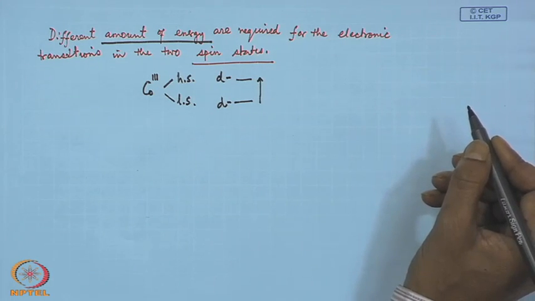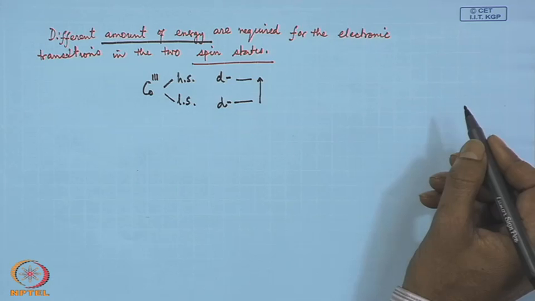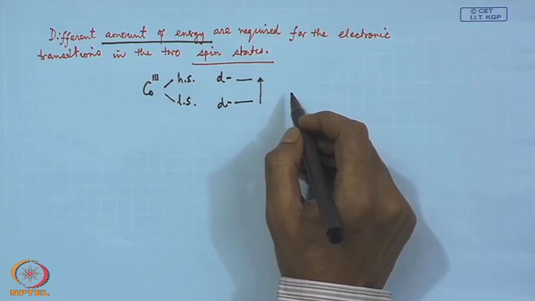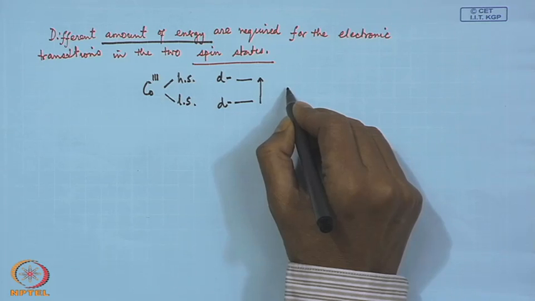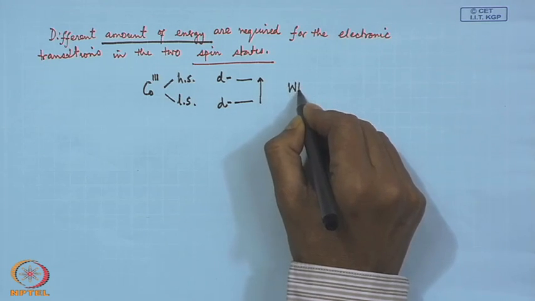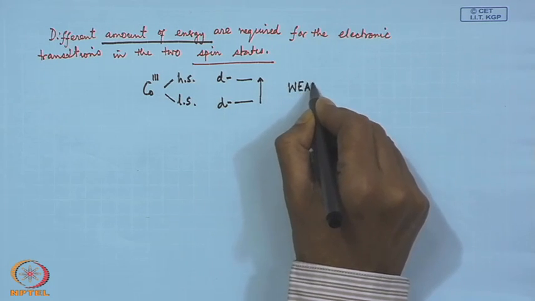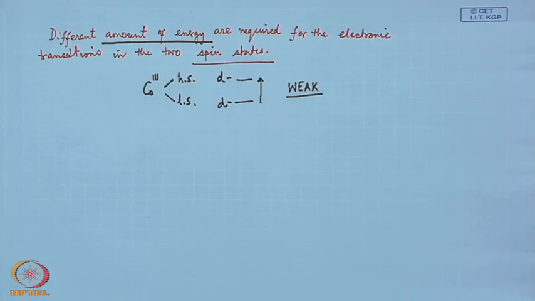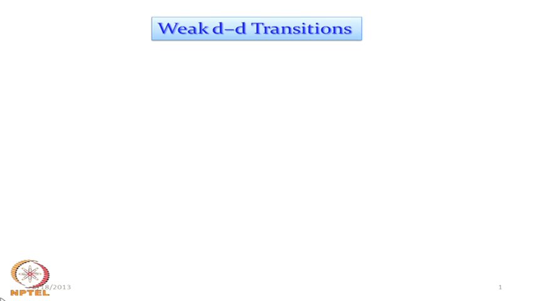But through some selection rules and parameters that can control the transitions, we will find that these dd transitions are not very much allowed. That is why the intensity of these transitions is weak. So, whenever we find weak dd transitions in metal complexes, how we can utilize them for characterization we will see.